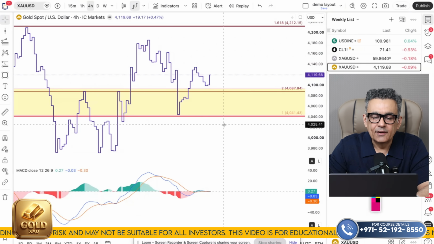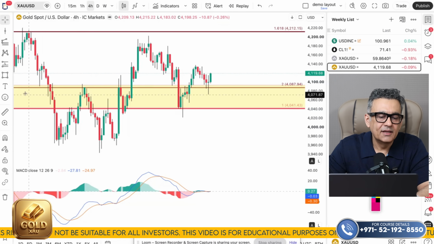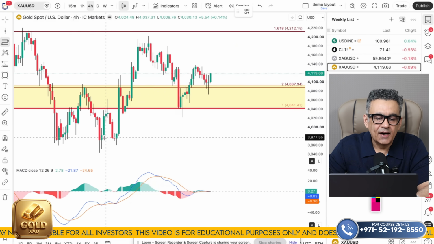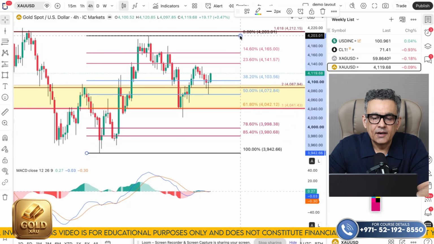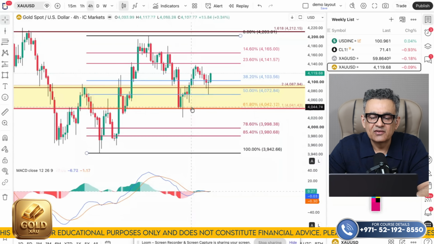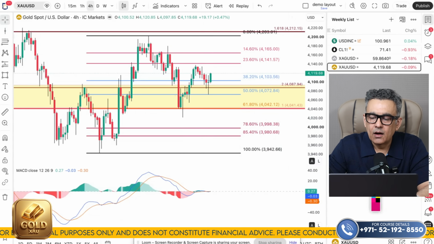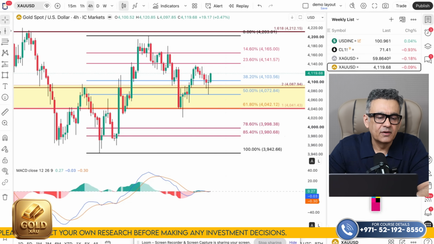So if we apply fib retracement here on the candles, after creating this impulsive move, it dropped exactly to 61.8. And now on Friday, before closing, it bounced strongly and it has given the bullish formation here.